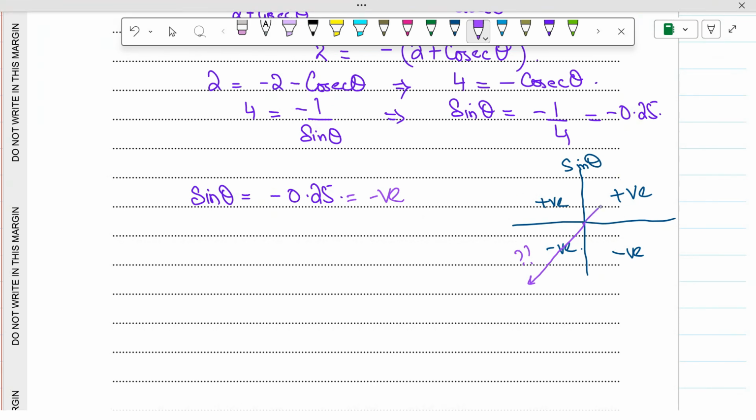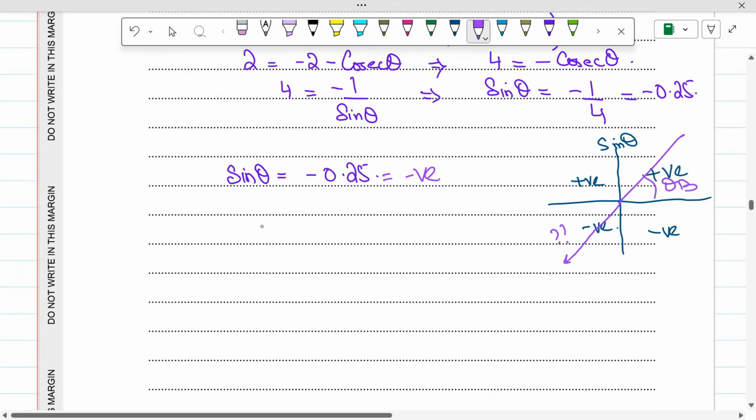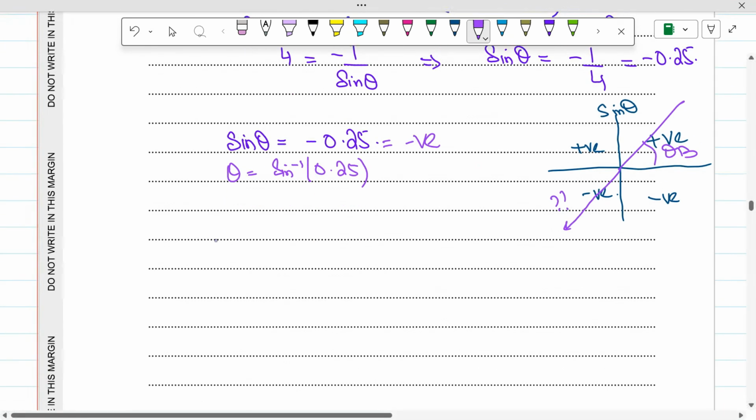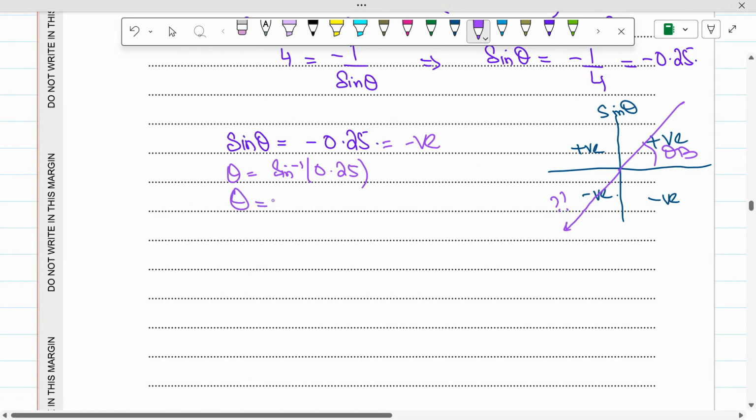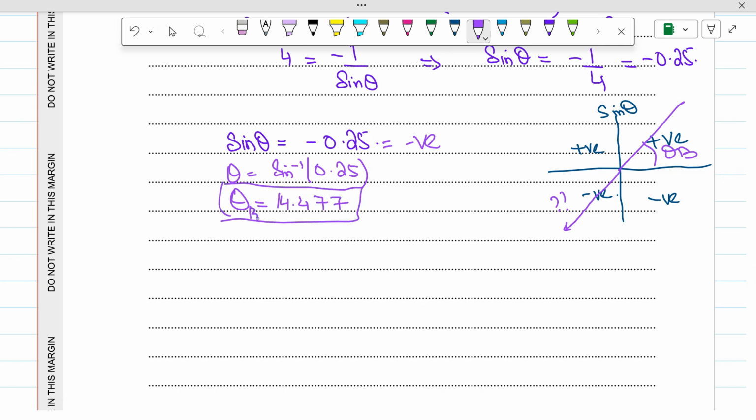First we find the base angle. The base angle should be found by using the positive value. So θ is equal to sine inverse of positive 0.25, which is 14.477. This is the angle in the first quadrant, so we call it the base angle.